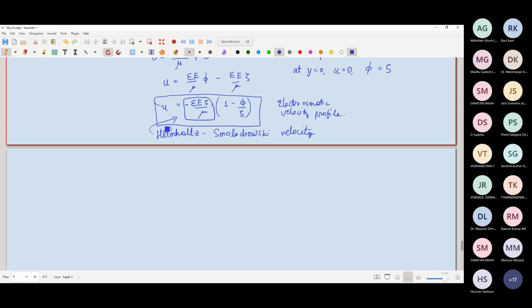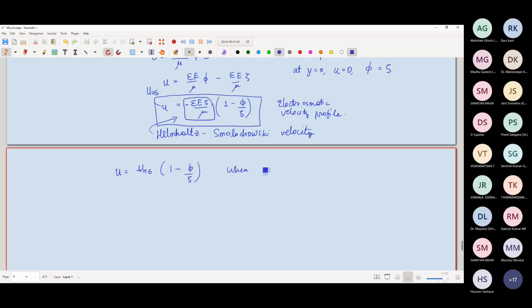If you look at why this velocity is important, if I call this UHS, then we can write u is equal to UHS times 1 minus phi over zeta.